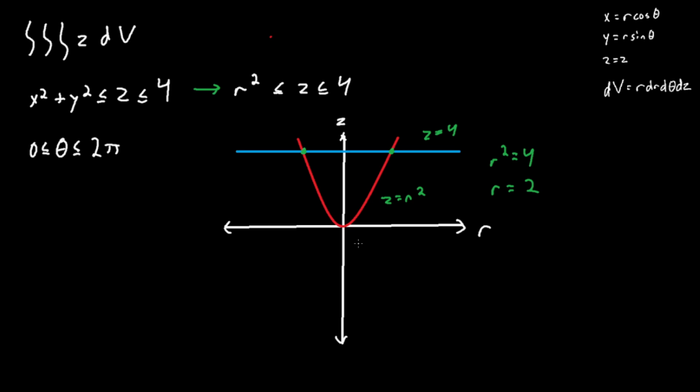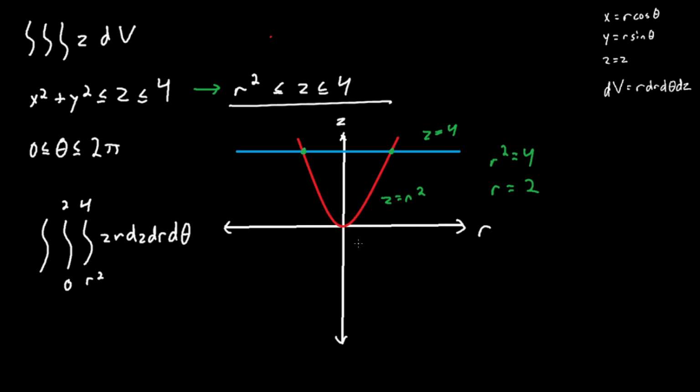Therefore, when we set up the integral, zr dz dr d theta, our z bounds are r squared and 4, but our radius bounds are from 0 to 2, because that is when our function of r squared intersects with 4 at this point right here.